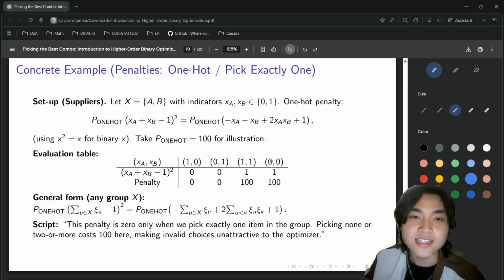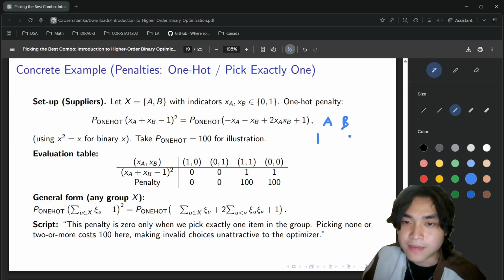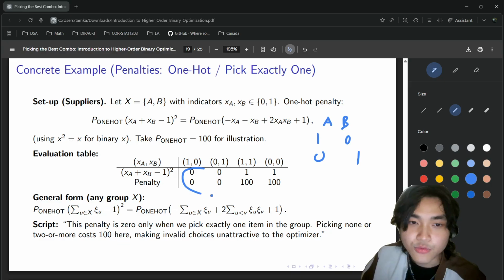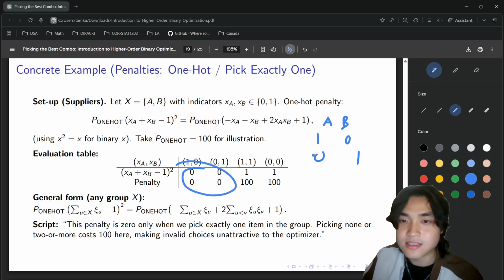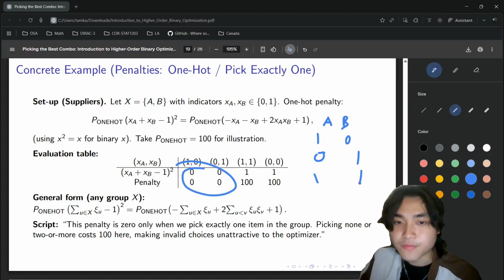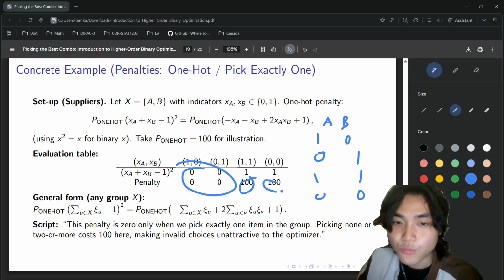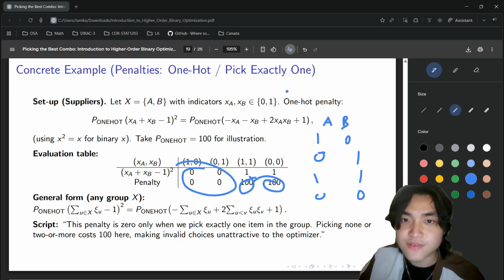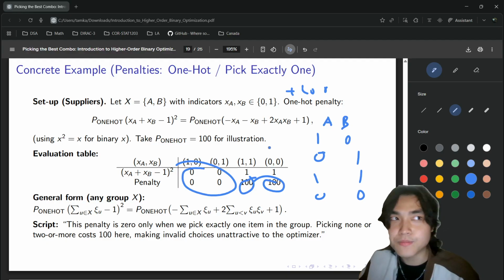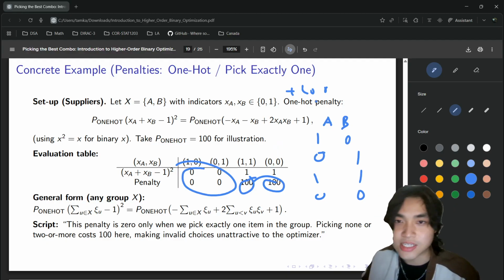So what this means is that out of all of the suppliers, say A and B, if we just pick one of them, then it won't be punished. There won't be any penalty. But if we pick both of them, or we don't pick any of them, we will introduce a 100 penalty. Meaning the objective function is just plus 100, and as a result it won't be the minimum score.